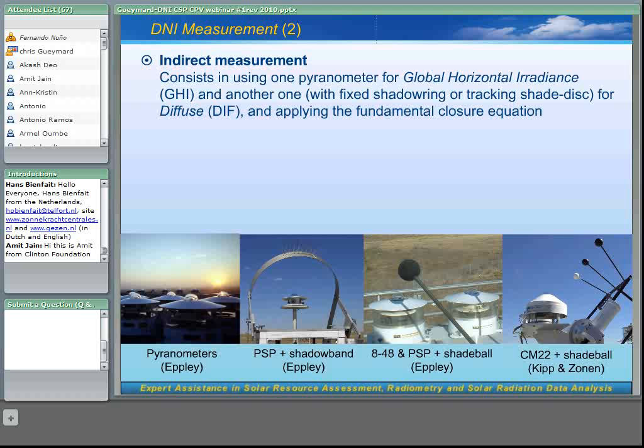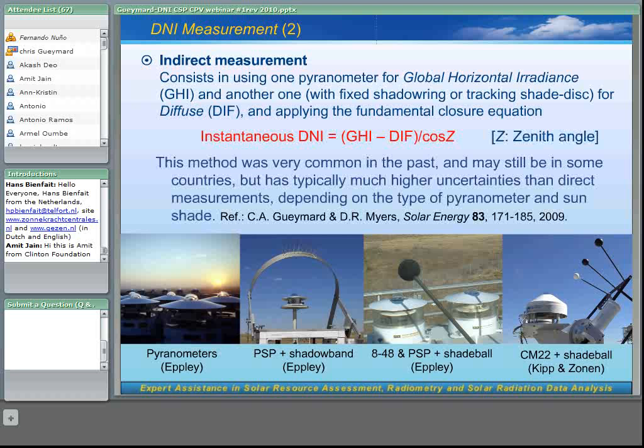And then we can obtain the instantaneous DNI from this very important formula that probably you are very well aware of, which is simply the difference between global and diffuse divided by the cosine of the zenith angle, which is the angle for the sun between the zenith and the actual position.